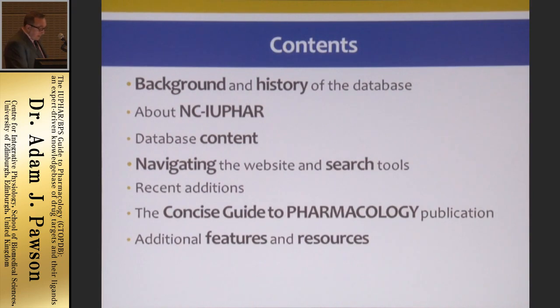I'll then go over some details on the content of the database. I'll then take you through how you can navigate the website and use the search tools. Discuss some recent additions, just with the recent targets that we've added to the database in the last few months. And then I'd also like to tell you about a publication which is now produced directly from the database called the Concise Guide to Pharmacology. And then I'll go through some additional features and resources of the database.